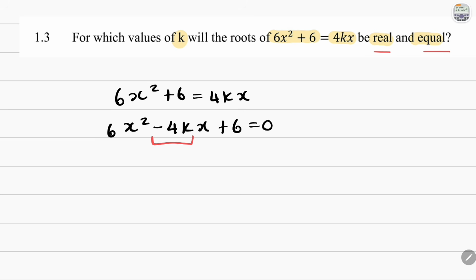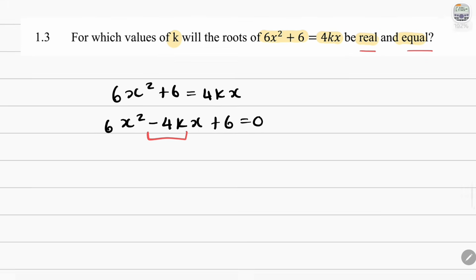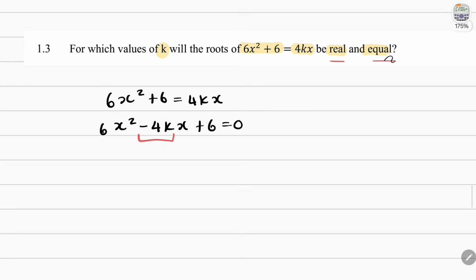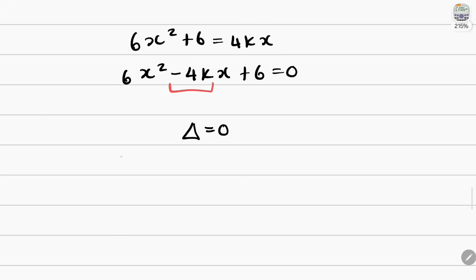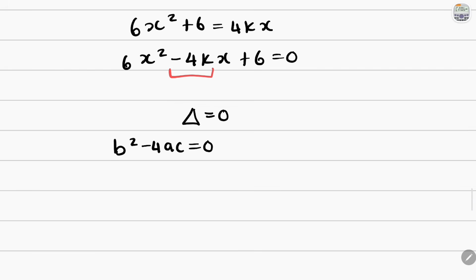And now to tell them for which values of k this will be real and equal, we need to ensure that the discriminant is equal to 0. This will give you real and equal roots. Okay, so b squared minus 4ac simply needs to be equal to 0. And let's substitute. So b squared, you see how this is b, the coefficient of x. It's negative 4k.